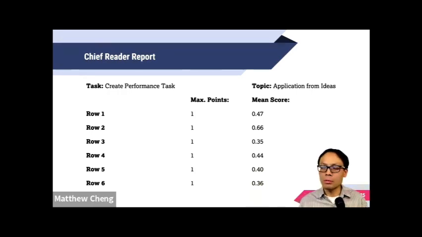Row 4, the procedure with a parameter that affects something within the procedure, was 44%. Row 5, the algorithm, just explaining it in words, was at 40%. And then row 6, the second lowest, the function call with different arguments, was only 36%.